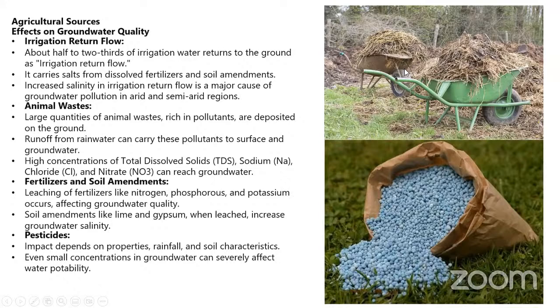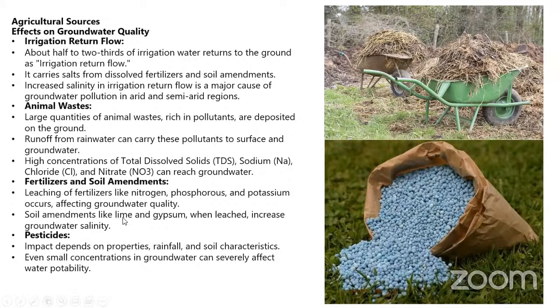And when we talk about animal waste, large quantities of animal waste rich in pollutants are disposed on the ground, and runoff from rainwater can carry these pollutants to surface water and groundwater. High concentrations of total dissolved solids, sodium, chloride, and nitrate can reach groundwater due to improper dumping of animal waste. And with fertilizers and soil amendments, leaching of fertilizers like nitrogen, phosphorus, and potassium occurs, affecting groundwater quality.